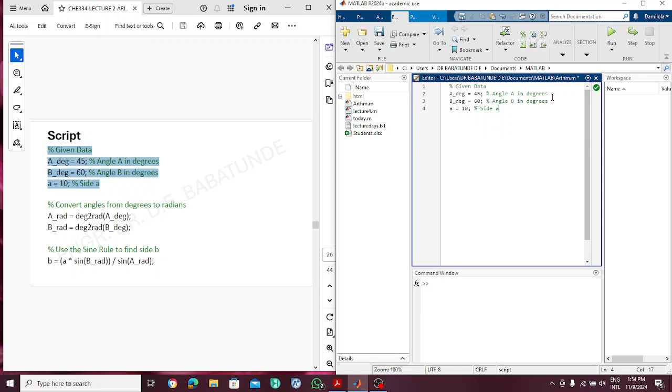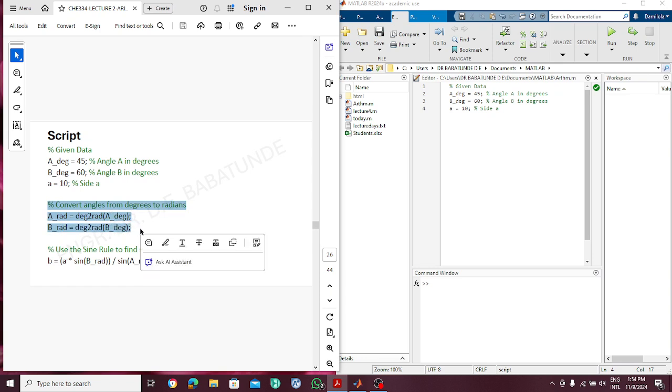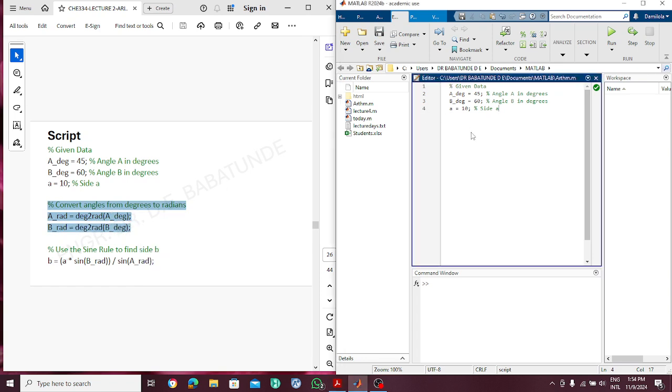Okay, so now having declared the variables, the next thing is that to use the sine function, we need to convert degrees to radians. So the next step is to convert this to radians.